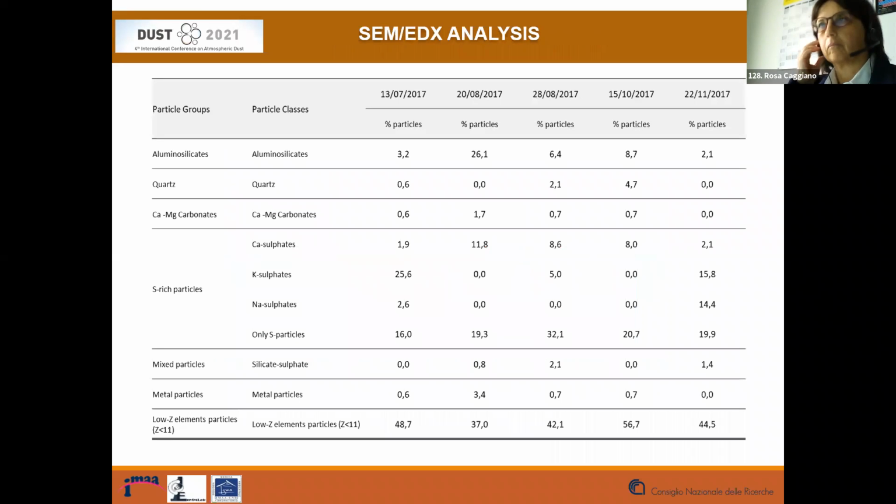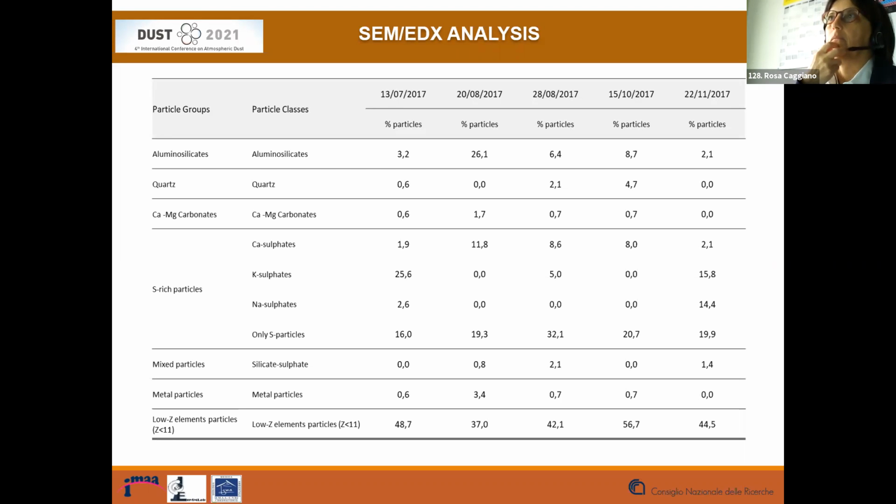Regarding the FESEM observation, five samples were selected considering different PM1 mass concentrations, highest and lowest, and meteorological conditions, for example no rain and no strong wind. In detail, about 300 particles for each of the five filters chosen were manually analyzed at 15,000 magnification.